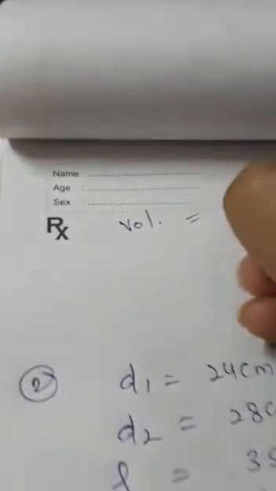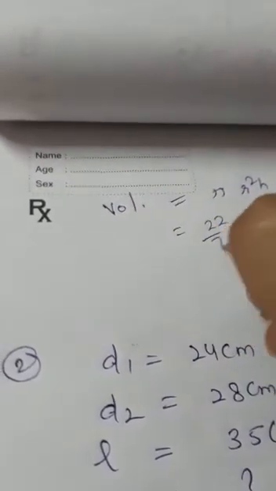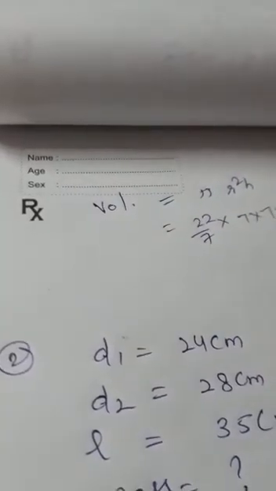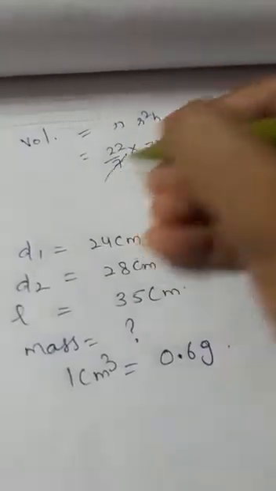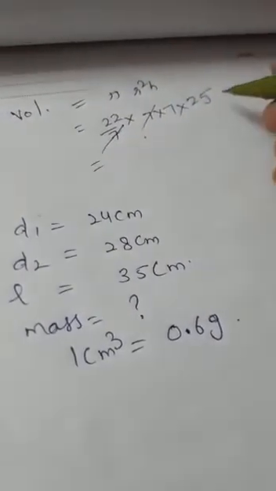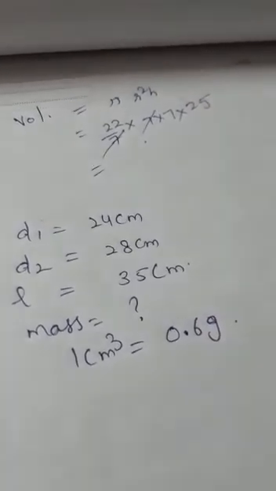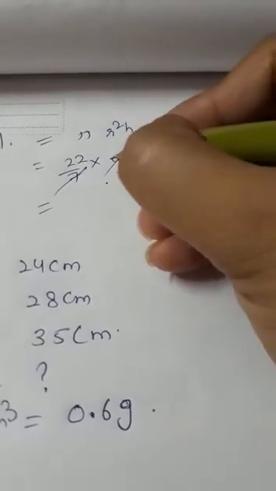Volume is pi r square h. Pi is 22 upon 7, r is 21 and h is given to us as 25. One minute students, here r is 21.